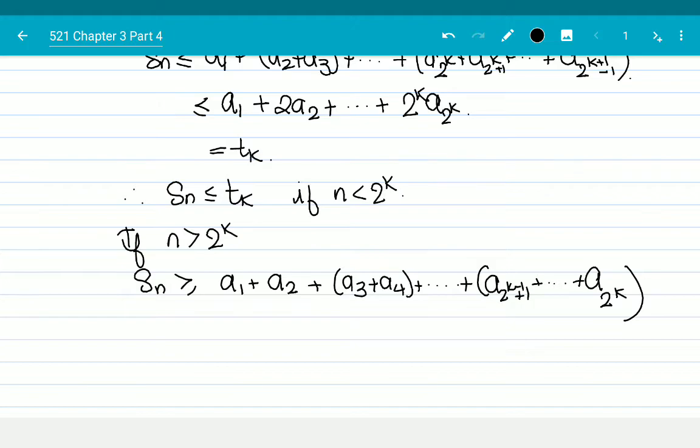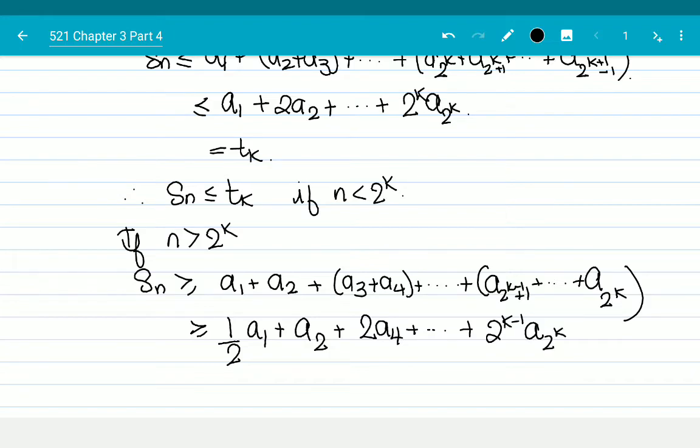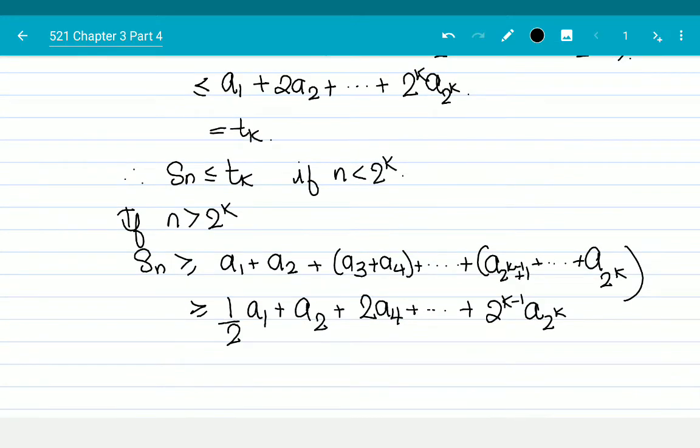Well, what I can do is say that this is greater than or equal to 1/2 of a1 plus a2 plus 2a4 plus dot dot dot plus 2 to the k minus 1 a2 to the k. Okay? Because all these terms are going to be, a3 is bigger than a4, so a3 plus a4 is bigger than twice a4.